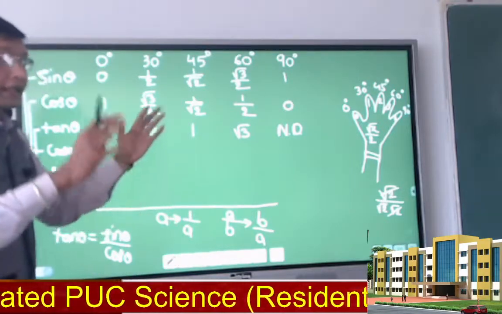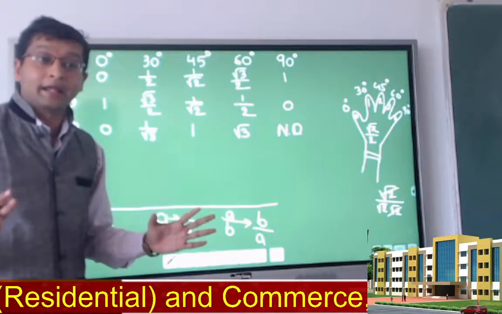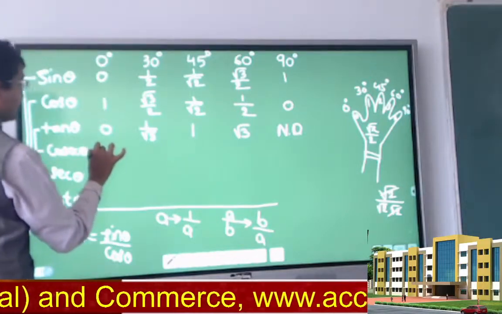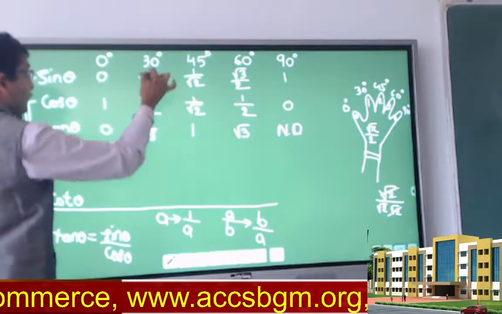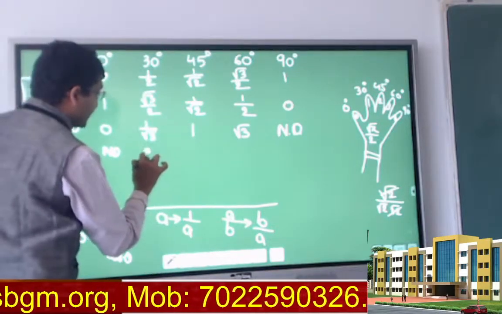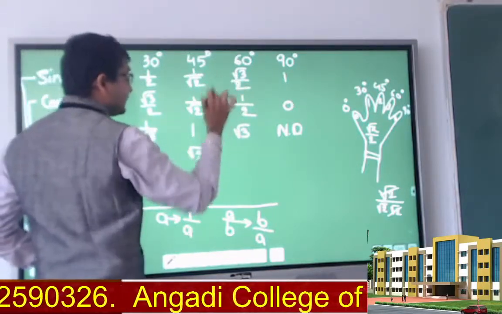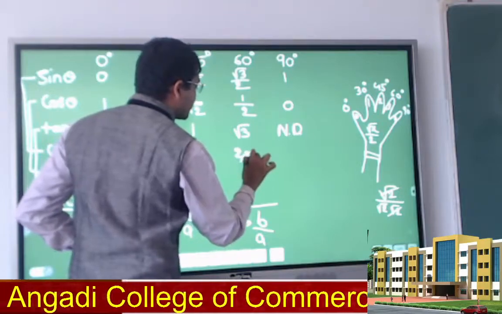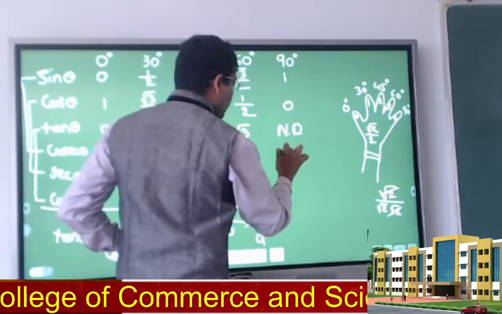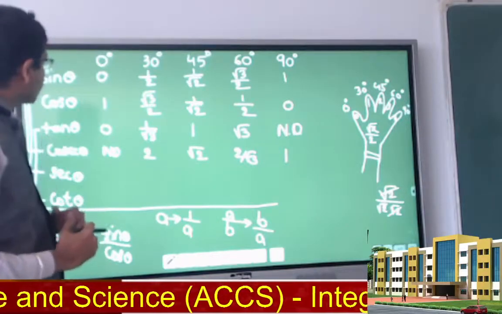I told you any number divided by 0 is what? Not defined. So I am writing ND. Then 1 by 2, which is in the form a by b, the reciprocal is 2 by 1. I write it as 2. Next we get root 2, similarly 2 by root 3, next 1 by 1 we get. Like that we have to write the reciprocals.